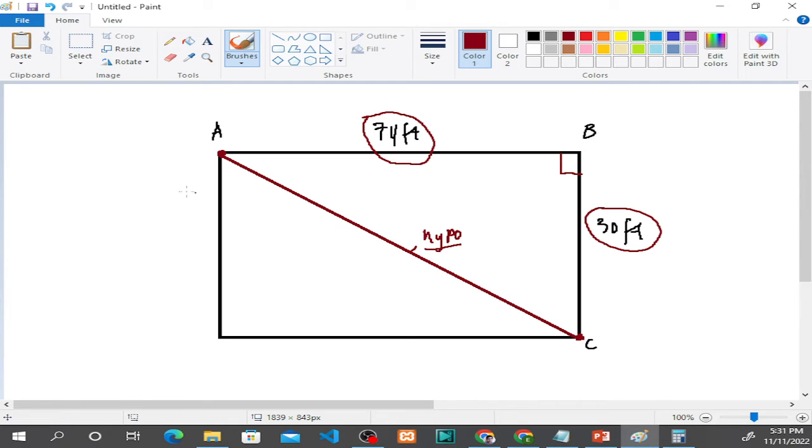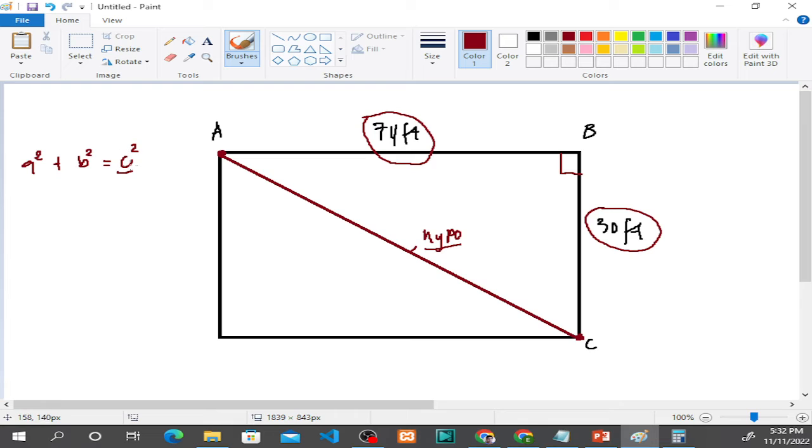The Pythagorean theorem states that the sum of the squares of the legs of the right triangle equals the square of the hypotenuse. So a squared plus b squared is equivalent to c squared. Here c squared is our hypotenuse, and it is also the displacement from point A to point C.